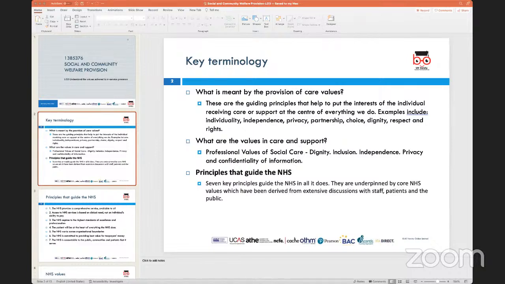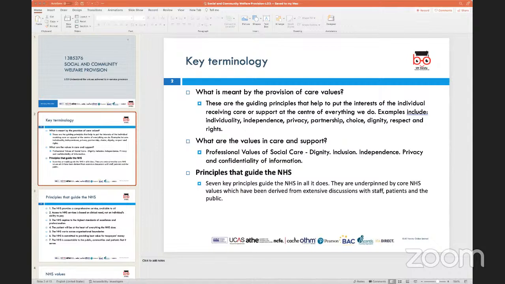So when we talk about provision, we are talking about every service which exists within the health and social care sector, and that would be provided to the patients or people who need care. Some of these services would be statutory, some could be voluntary, and some could be delivered in partnership with private players.